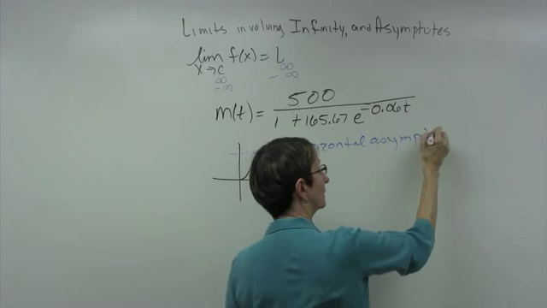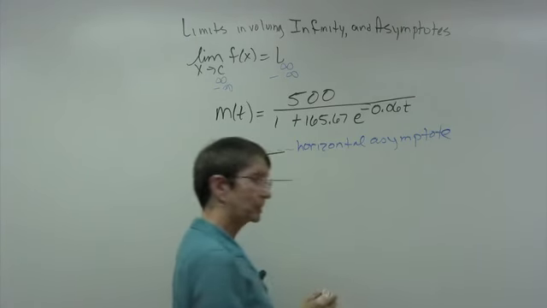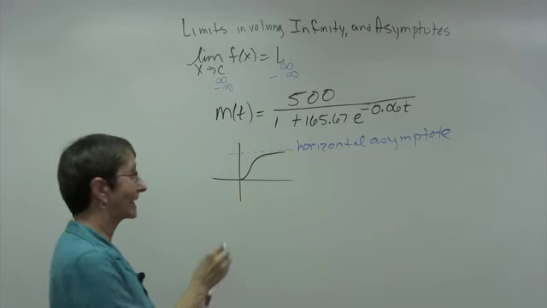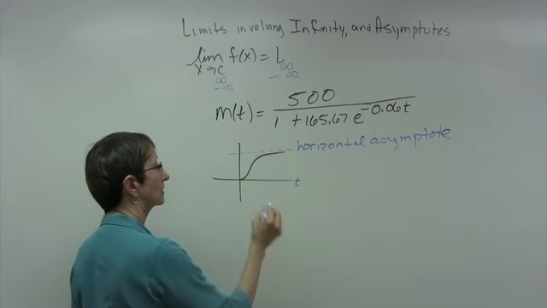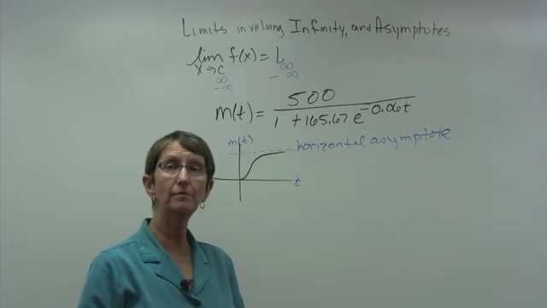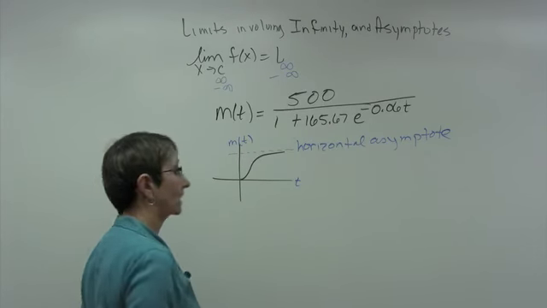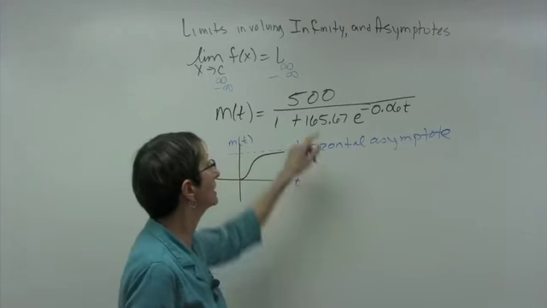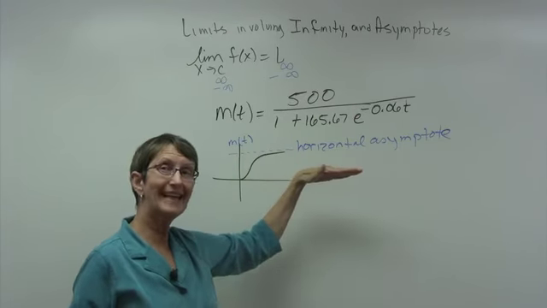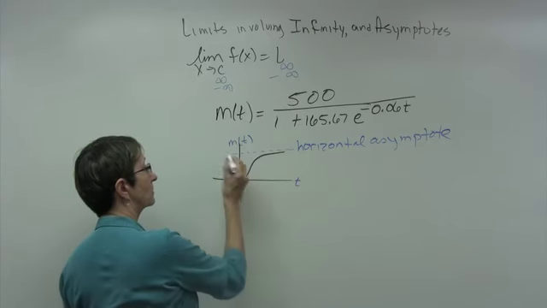And what I can do here is plug in values where t is getting larger and larger and see what I get for m of t. You should already know that because, remember this 500? That's the maximum value we can have.